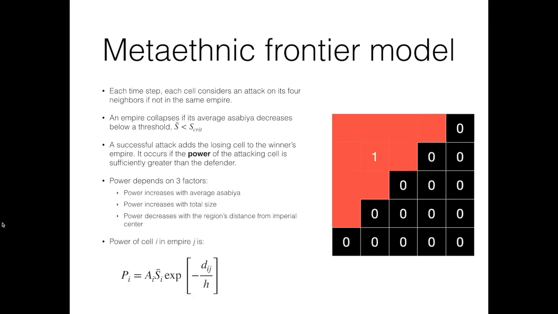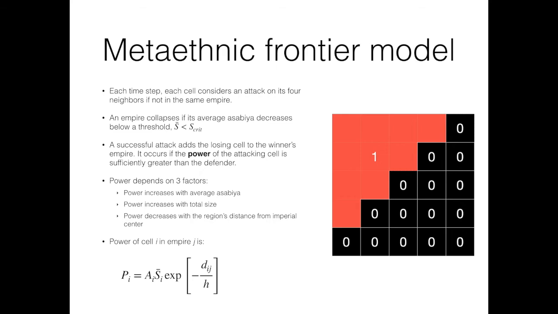So formally, the power of the cell is given by this equation. It increases multiplicatively with area and asabiya and decreases exponentially with distance from the imperial center. So d sub ij is the distance from the cell to the imperial center, and h is a parameter determining how rapidly power declines with increasing distance from the imperial center.